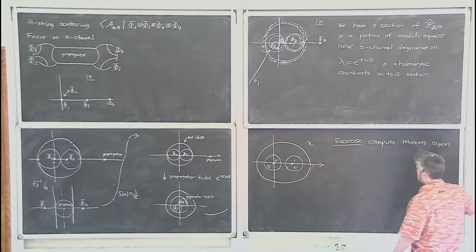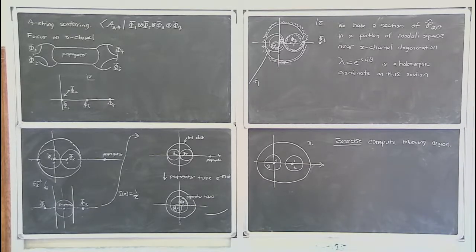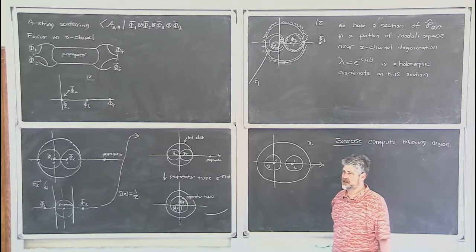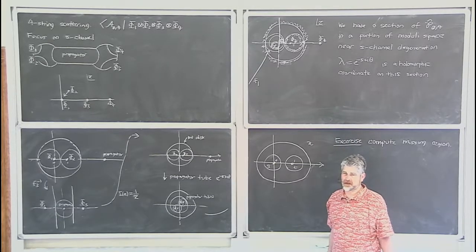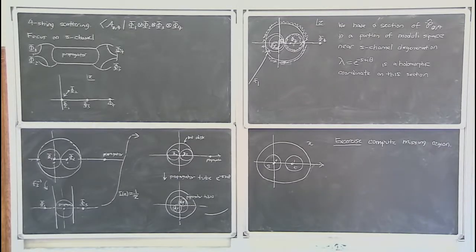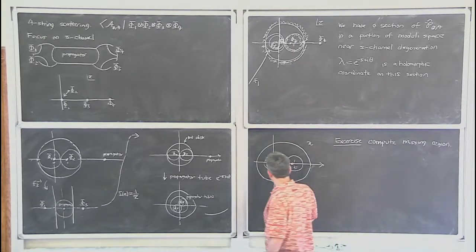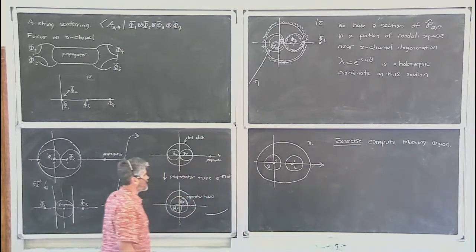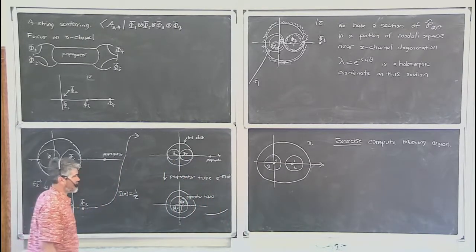Okay, so this is a rather remarkable simplification we have because we're using this SL2C vertex, that we can actually do a computation like this by hand. And if you're interested in closed string field theory, this is a good exercise to do because you can really do it and not just imagine it.